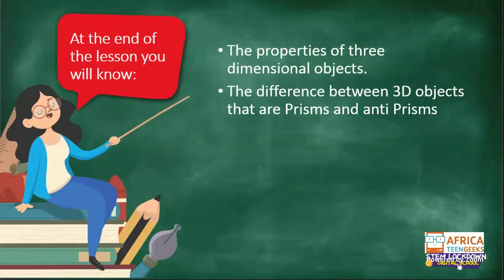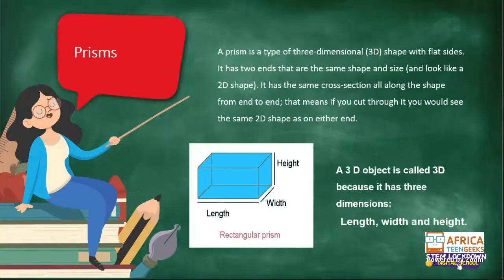one should be able to know the properties of three-dimensional objects and the difference between 3D objects that are prisms and those that are anti-prisms. A prism is a type of three-dimensional shape with flat sides.